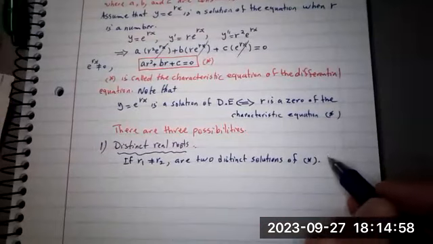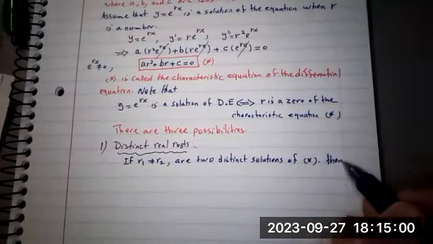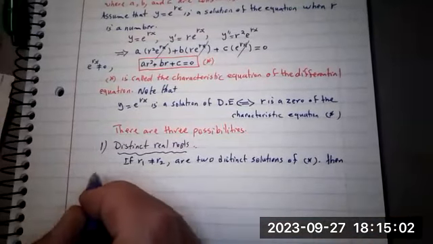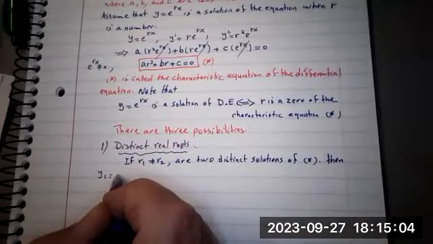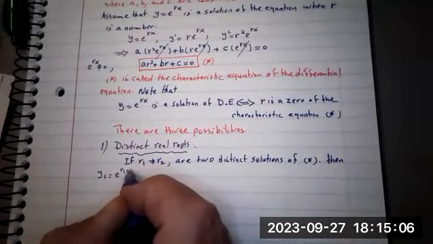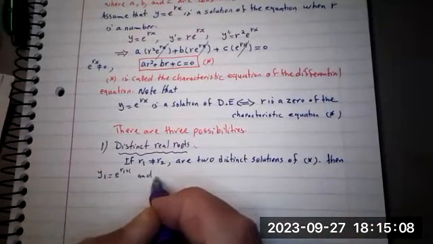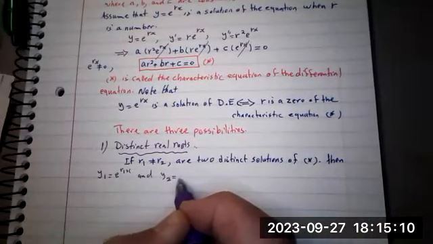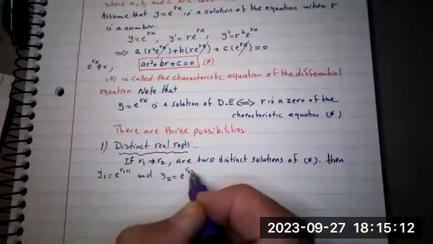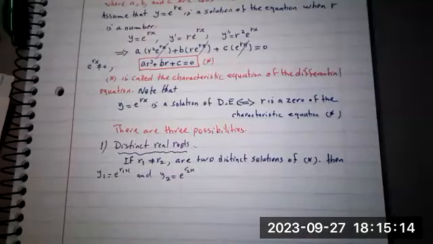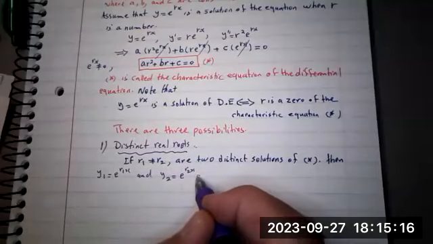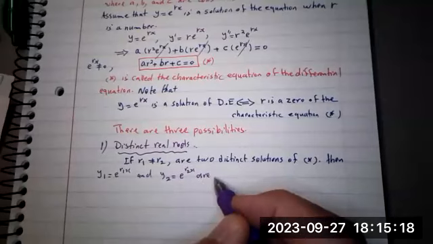Then the corresponding ones, we call one of them Y1 equal to e to the R1x, and the other one, Y2 equal to e to the R2x. Automatically, they are going to be solutions of the differential equation.